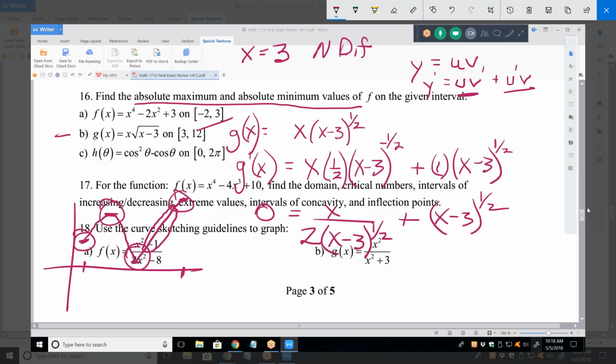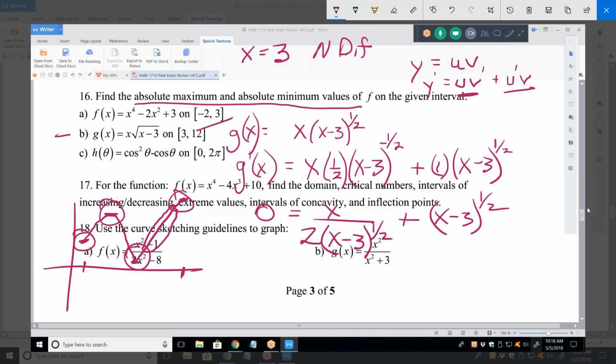Well, if I do this, let me think if I can even do it the easy way. Yeah, I think I can, at least for purposes here. If I multiply both sides of the equation by x minus 3 to the 1/2.